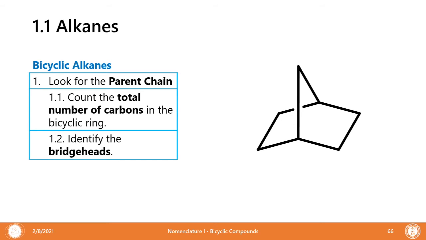If you have any straggling substituents, do not count them. Only count the carbons in the ring system. So this is a heptane as we determined in the previous slide. Next we identify the bridgeheads which link these 2 rings together. Here are the 2 bridgeheads.